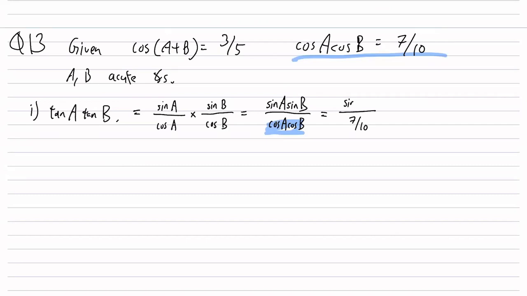But wait, why is sine A sine B so difficult? How? That's when you have to look back at what's given. What have we not used yet? We used the blue one. Which one have we not used yet? The left one. This guy, cosine A plus B. So what do you think you want to do with the cosine A plus B?